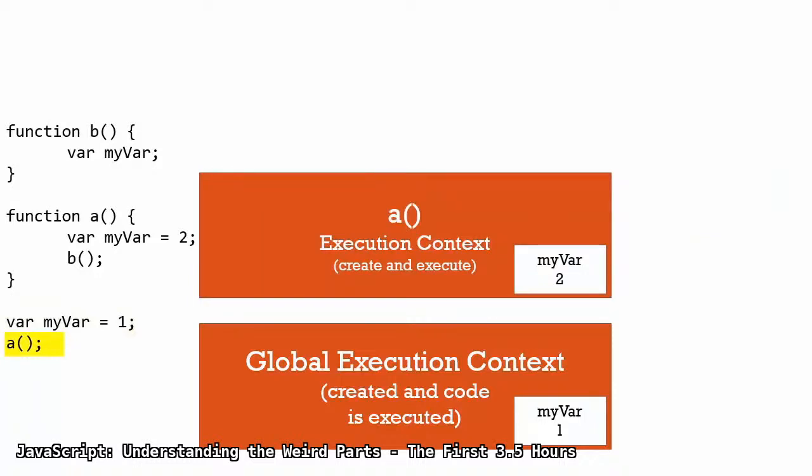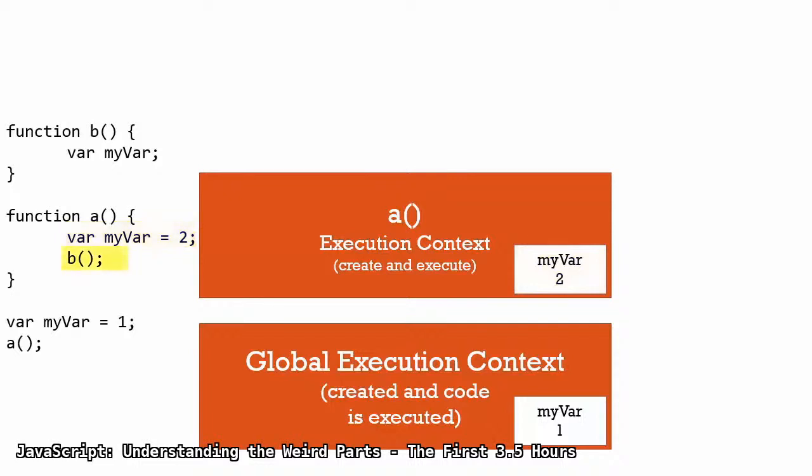A new execution context is created for A. And when it's created, that myVar will be put into that execution context's variable environment. See, every execution context has its own variable environment. And its value will then be 2 during the execution phase when that line myVar equals 2 is run.